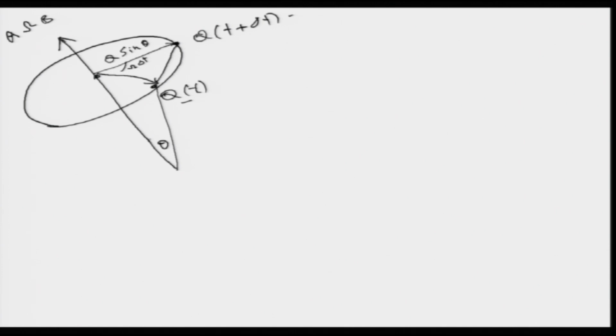So how much distance it has moved, a very small increment del q, is equal to r times theta. Here r is q sin theta, and theta, the amount it has moved, is equal to omega into dt.